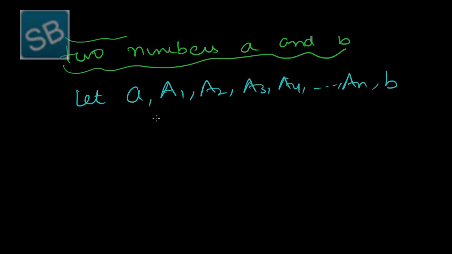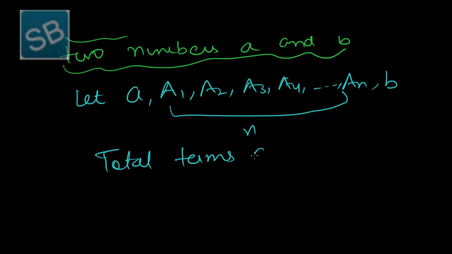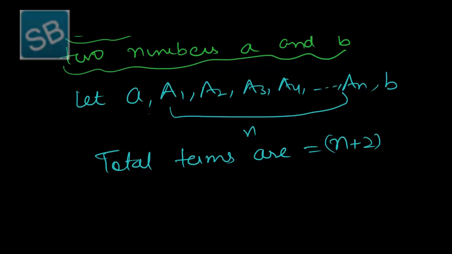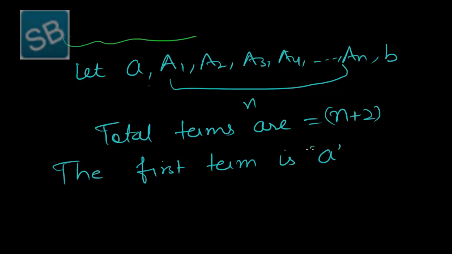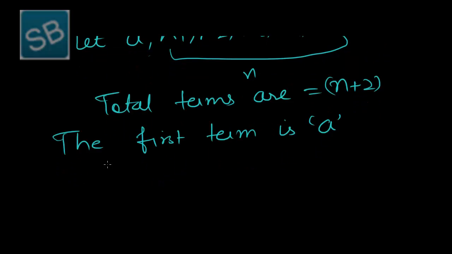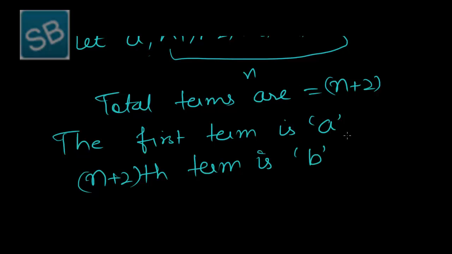Now, if we see, these are n terms and the total terms are n plus 2, since there are 2 extra terms. Therefore, the first term is a and the n plus 2 term is b.